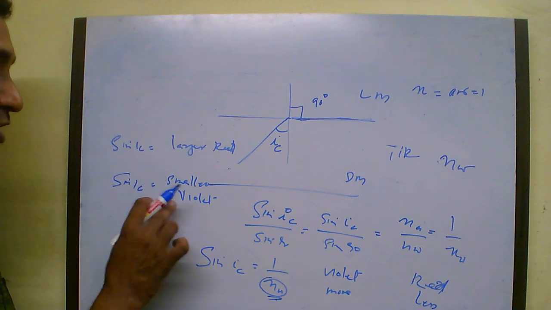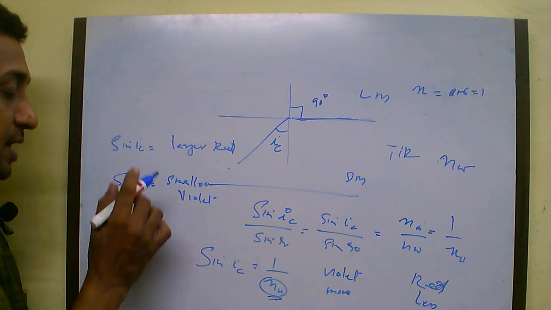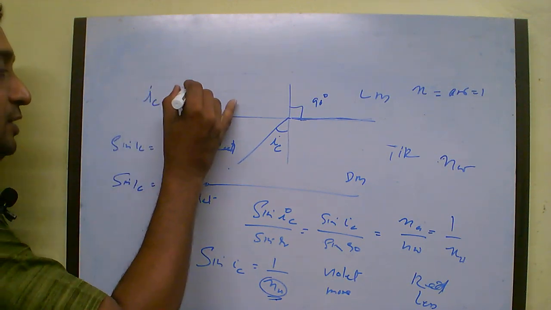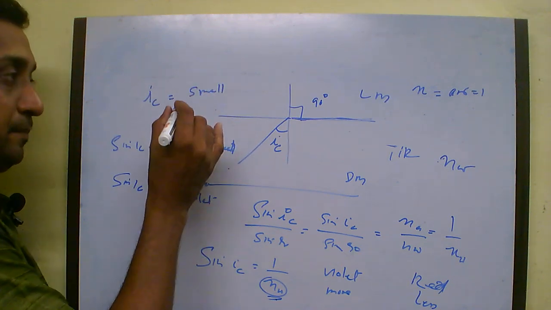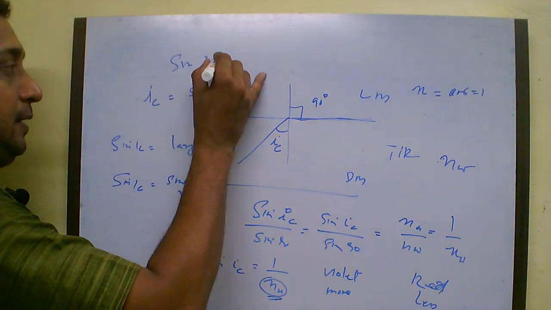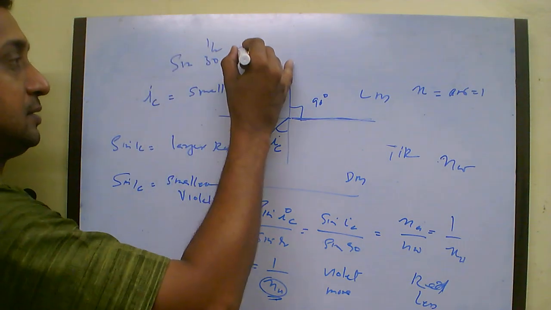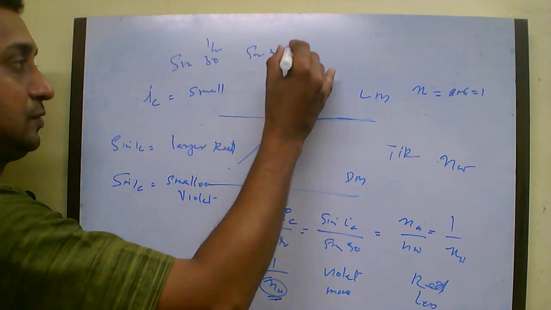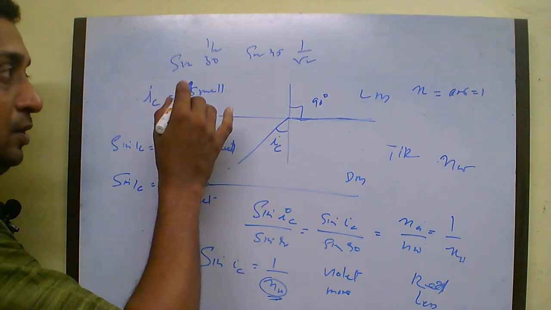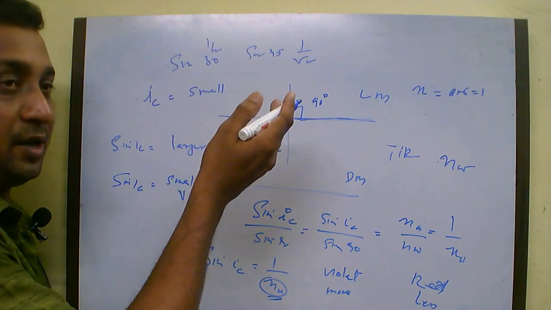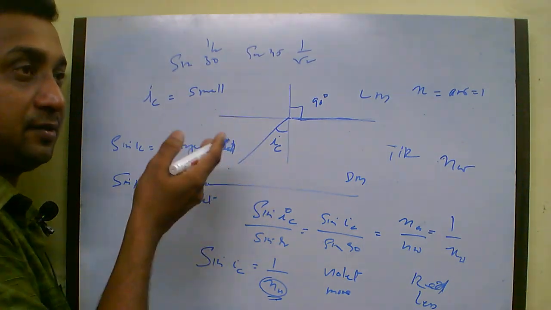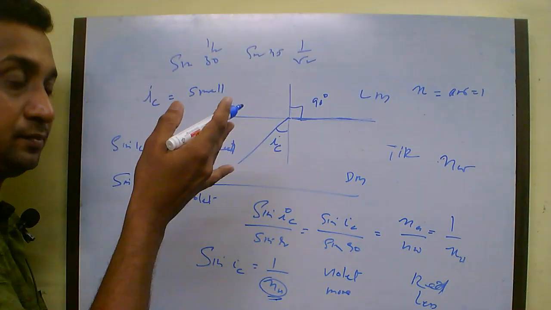So sin IC smaller value for violet means IC, the critical angle, is small, because sin 30 is 1 by 2, sin 45 is 1 by root 2. So the value is actually increasing from 0 to 1.